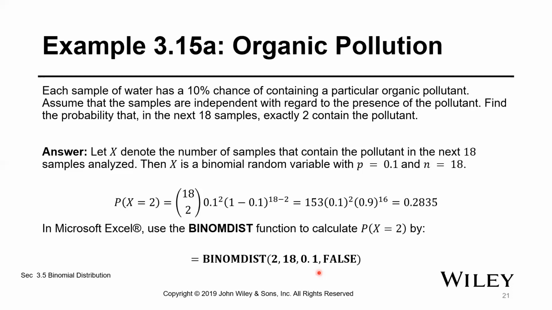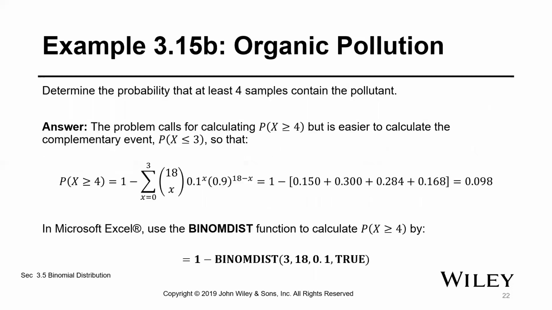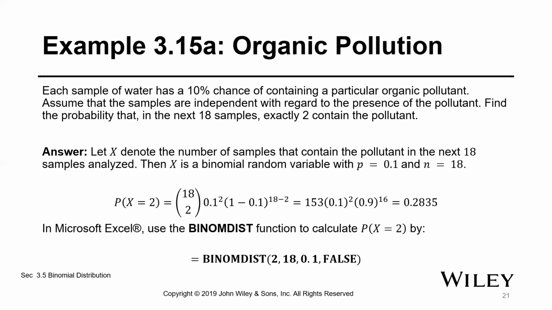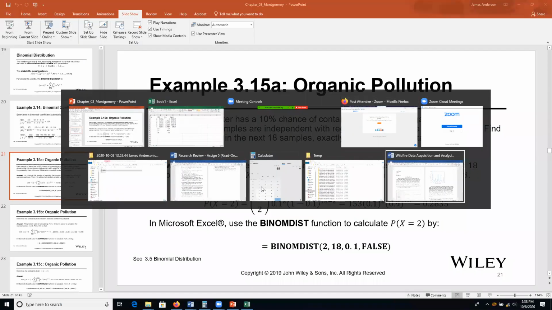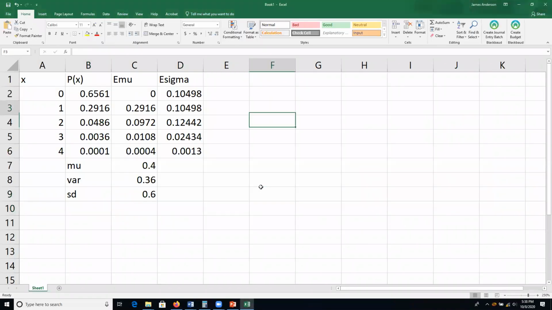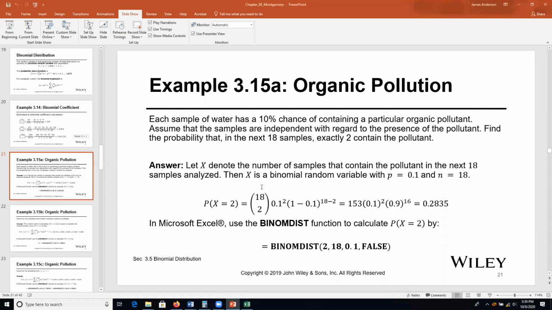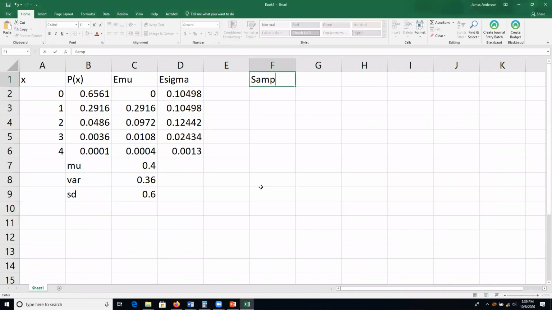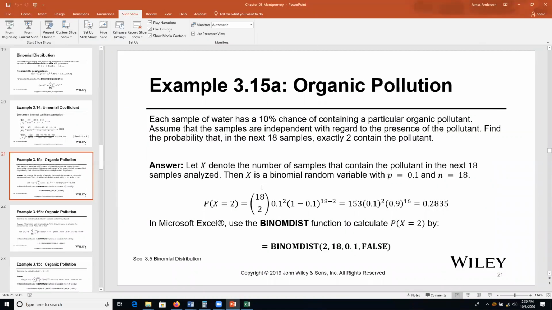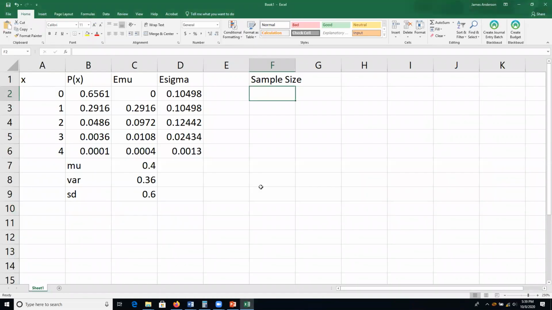When you set this up, where's my Excel? It's going to ask you for sample size. This is what I always end up doing. Sample size, goal, chance, because that's what it's all asking for.